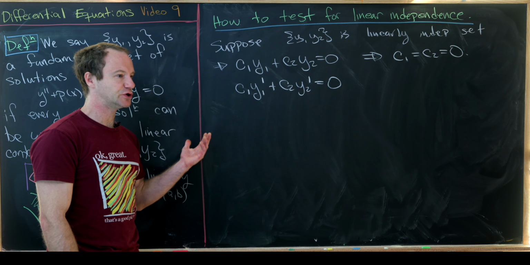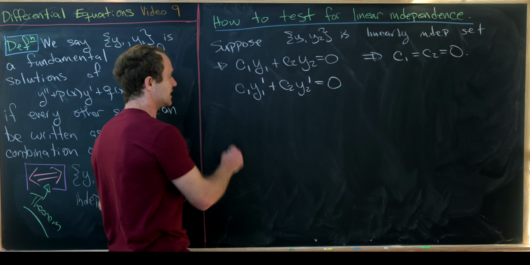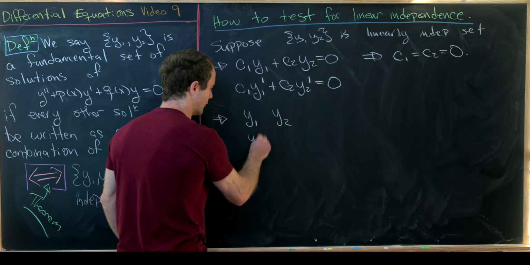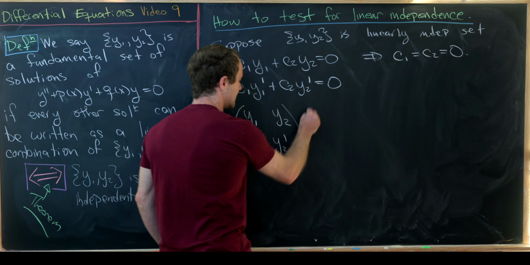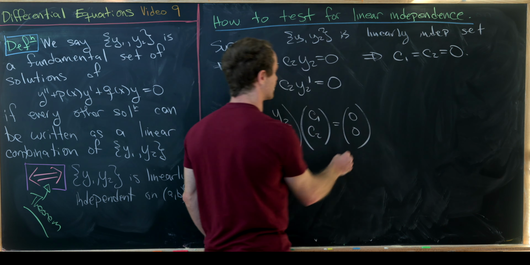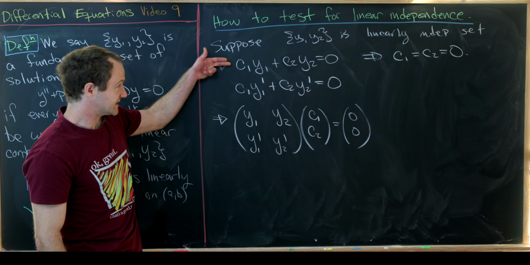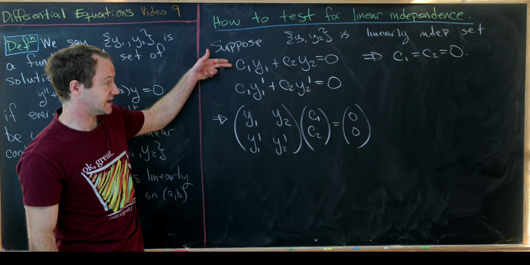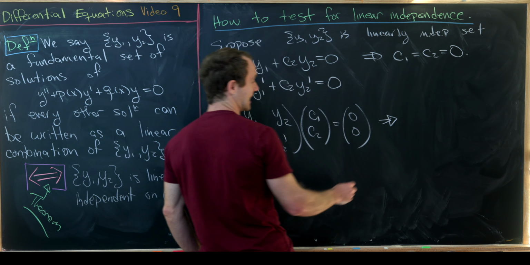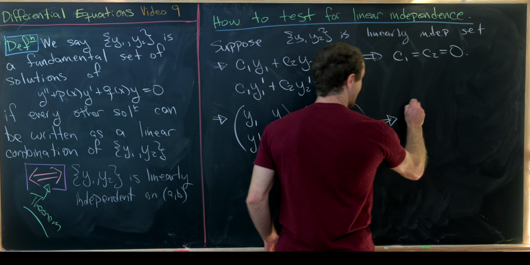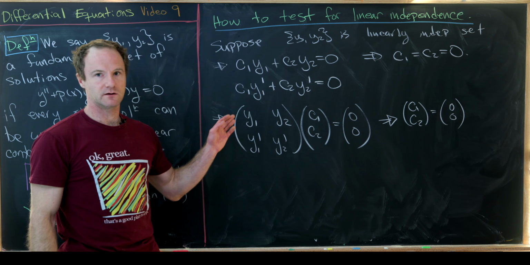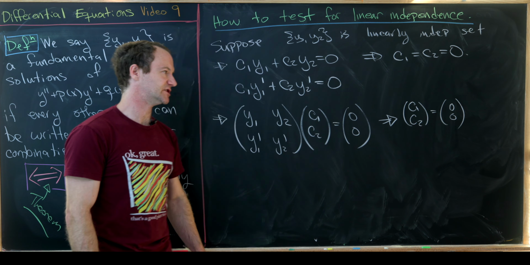We can write this system of two equations as a matrix equation: a matrix made up of y1, y2, y1 prime, y2 prime, multiplying the vector c1, c2 and giving us the 0 vector. This linear independence condition says that this equation holding implies c1, c2 is the 0 vector.